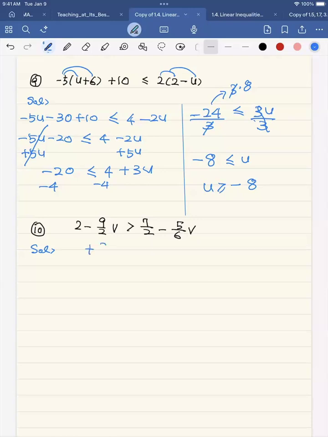So we add 9 over 2v on both sides. Then left side will have only 2. On the right side, we have 7 over 2 plus minus 5 over 6 plus 9 over 2v.